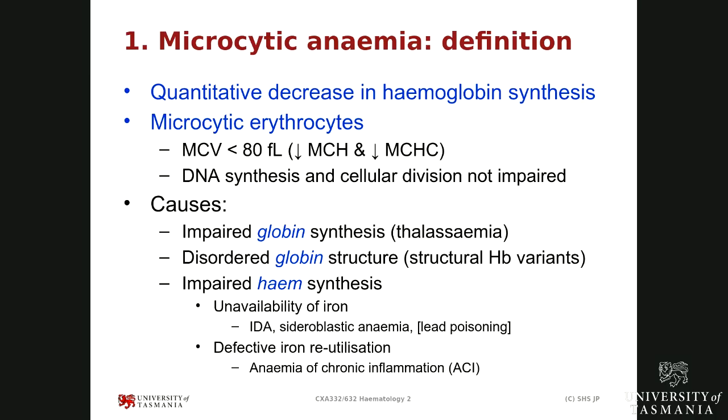So again, we have a definition for our microcytic anemia, and of course it is around the MCV, but as you can see up the top there, it is a quantitative decrease in hemoglobin synthesis which results in microcytic erythrocytes. Basically, for some reason synthesis of hemoglobin has slowed down, so there's not enough hemoglobin to properly fill the erythrocytes.